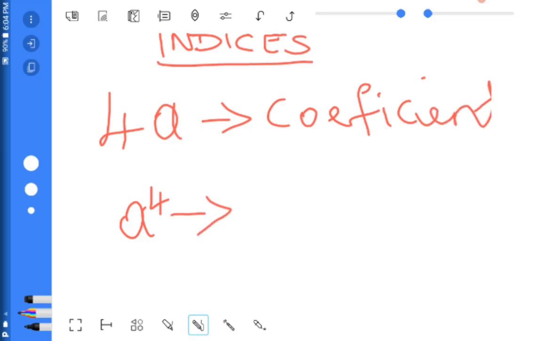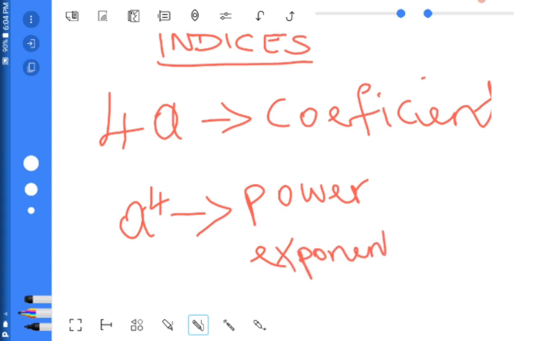But in this case, 4 here is the power of a, otherwise known as the exponent of a. So you start seeing the difference. You have started seeing where the difference is. So in one we have the power, in the other we have a coefficient.